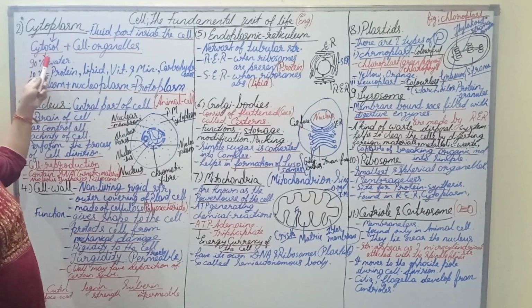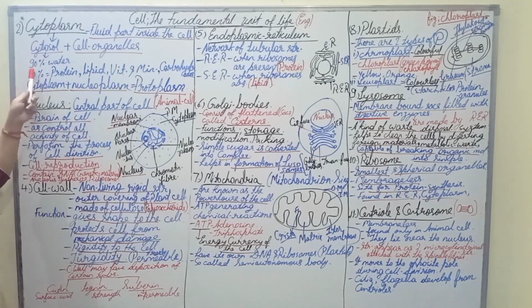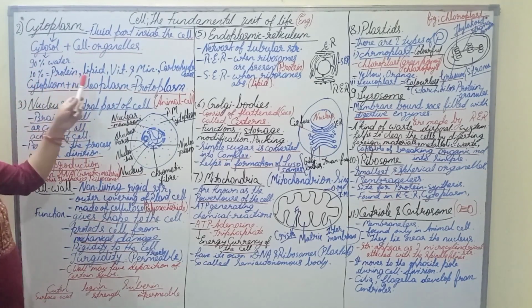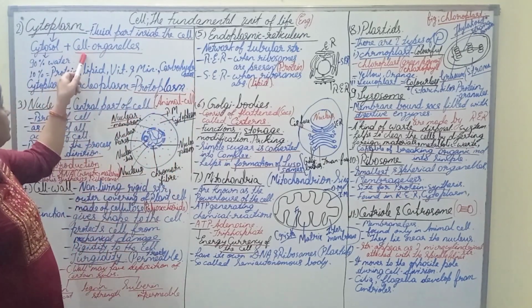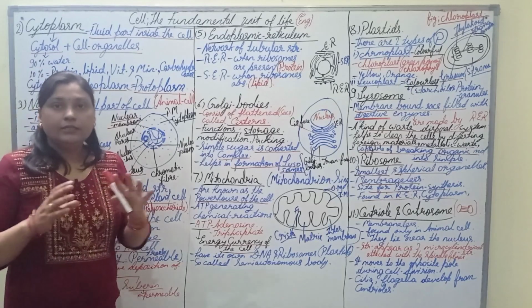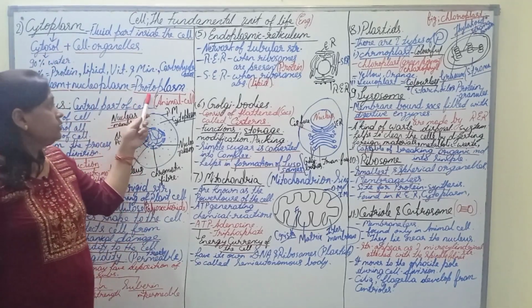It is the mixture of cytosol plus cell organelles. Cytosol is made of 90% water, 10% protein, lipid, vitamins, minerals and carbohydrates, and these cell organelles are situated in the cytosol. So next we have protoplasm.